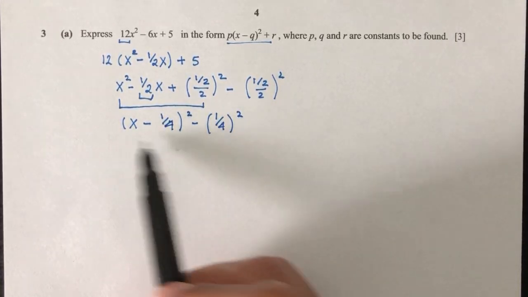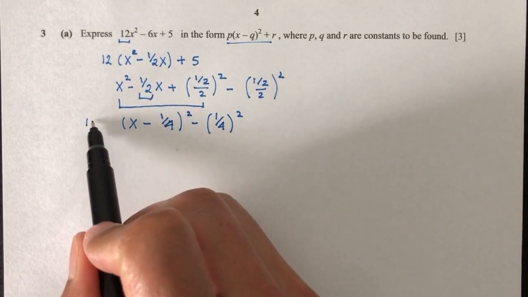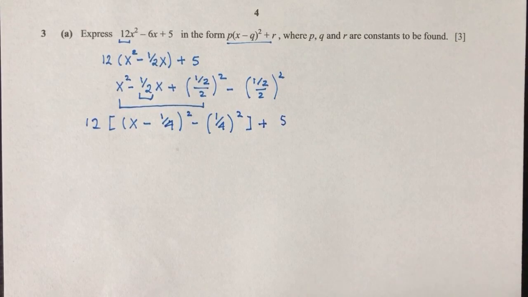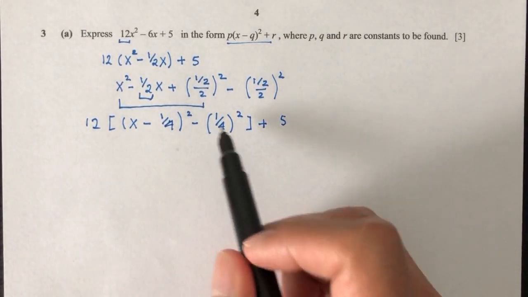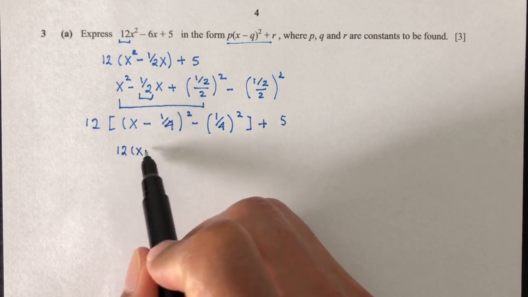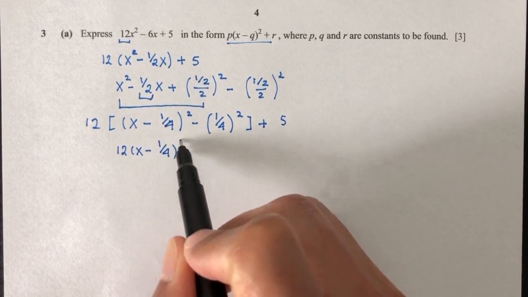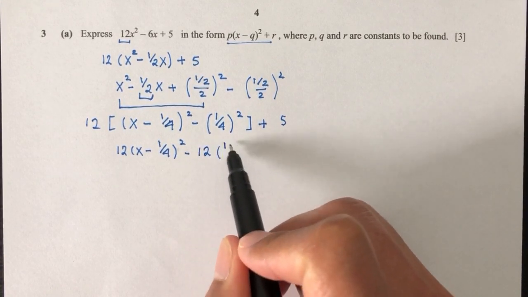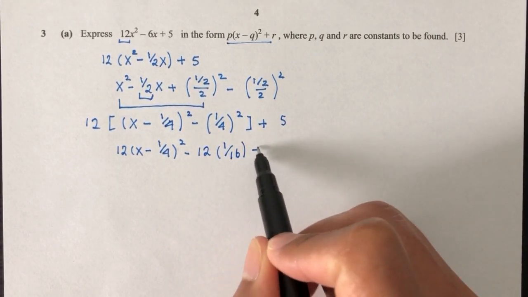Now we put this back in, so we will have 12 plus 5. Let's simplify and expand. We'll have 12 times 1 over 4 to the power 2, minus 12 times 1 over 16, plus 5.